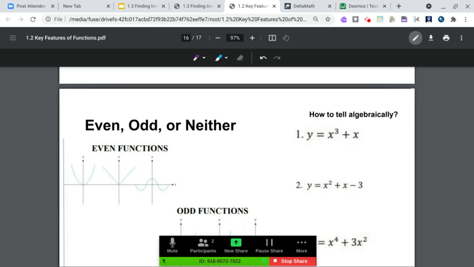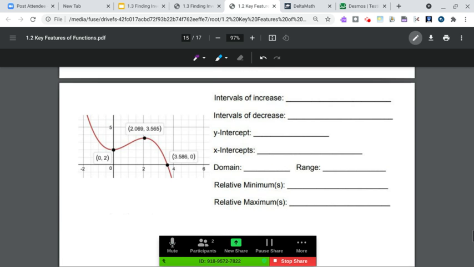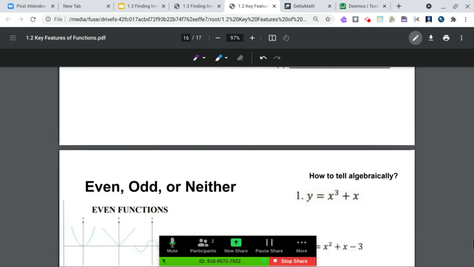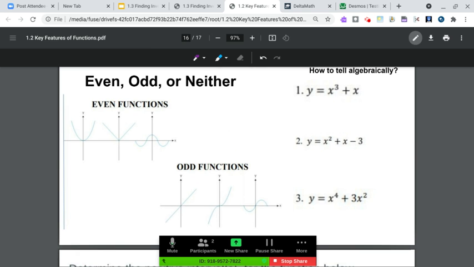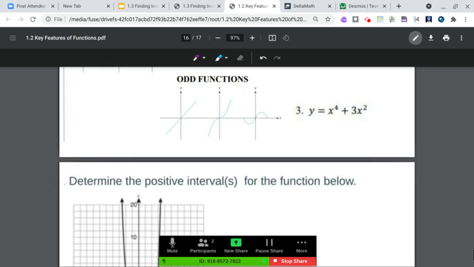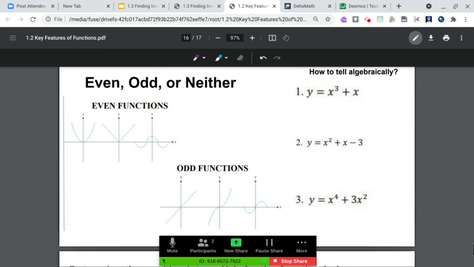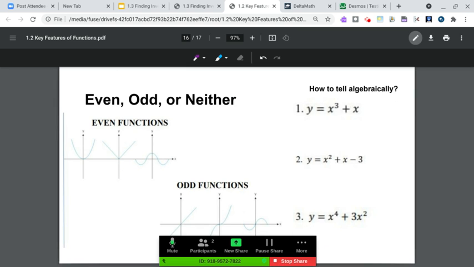Because we only have 5 minutes, I'm going to skip over this one since we did one whole example of everything. I think you're probably good with it, and I'm just going to go to the concept of even, odd, or neither. I didn't get to positive or negative, but I'm going to try to do these last two skills.